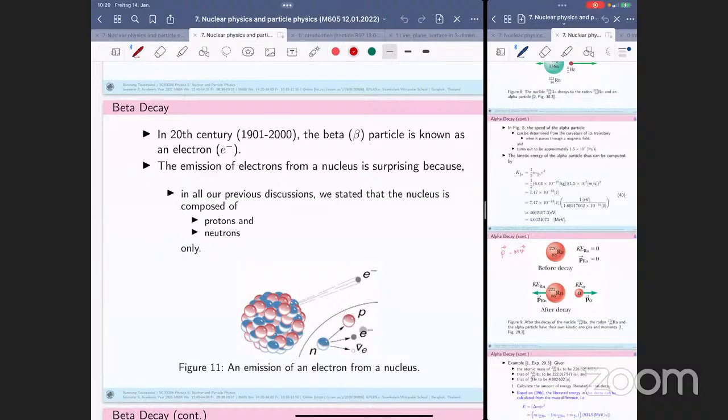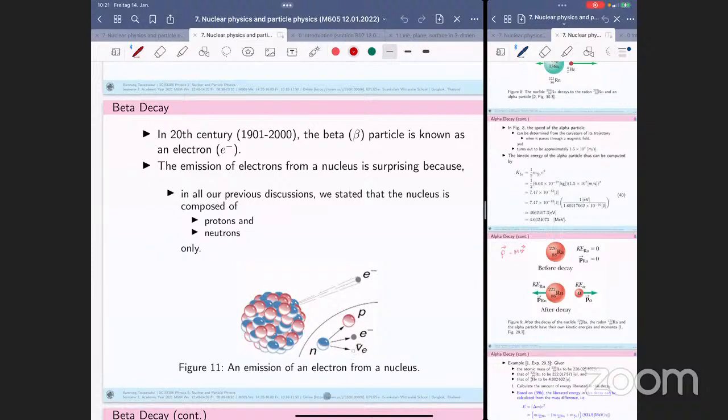At the beginning, people believed that the neutron could generate only a proton and an electron. But when scientists went further into the detail, they found that the mass was not balanced. The mass from the first state to the second state was not equal. So they believed there should be another particle, and that particle is known as electron neutrino or electron anti-neutrino.